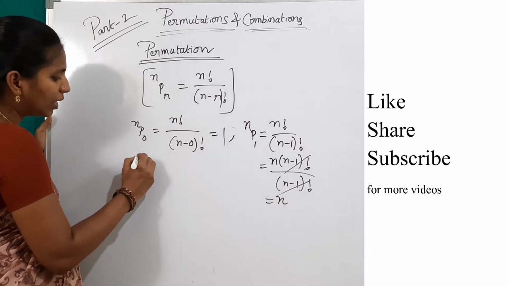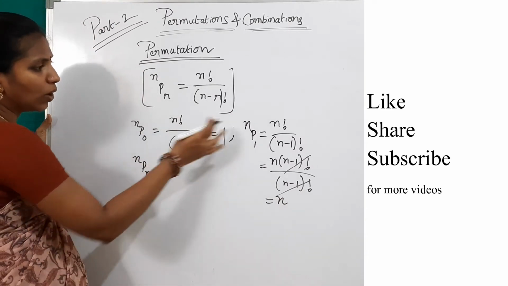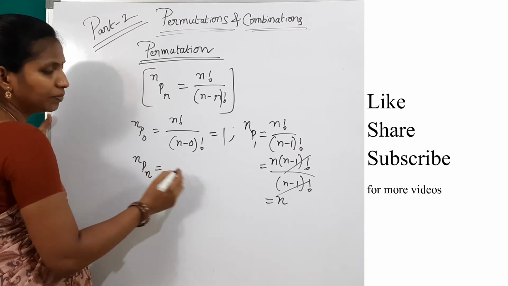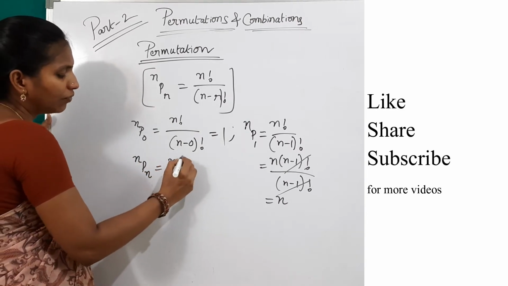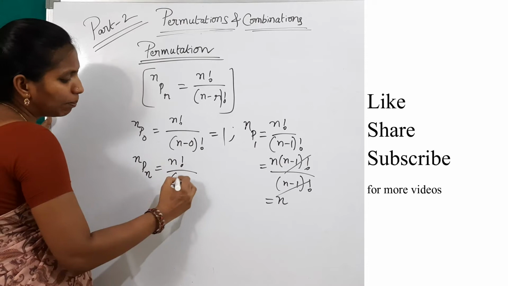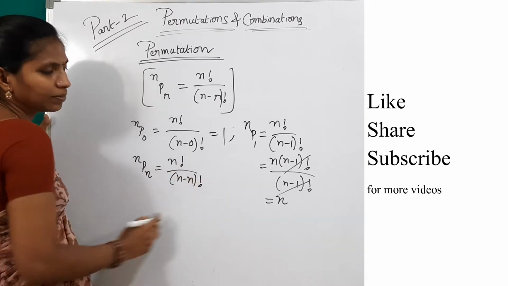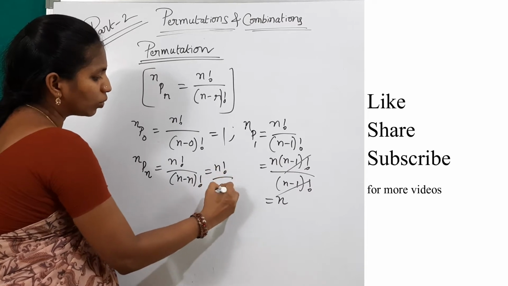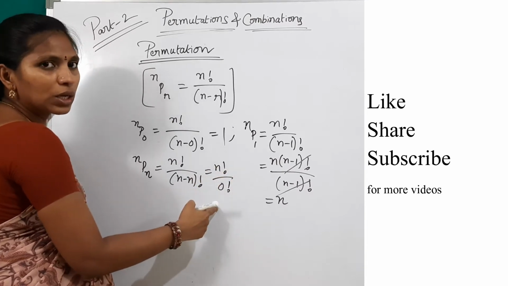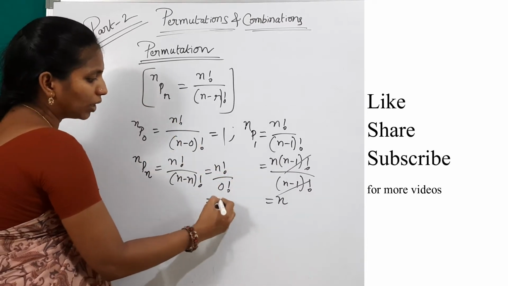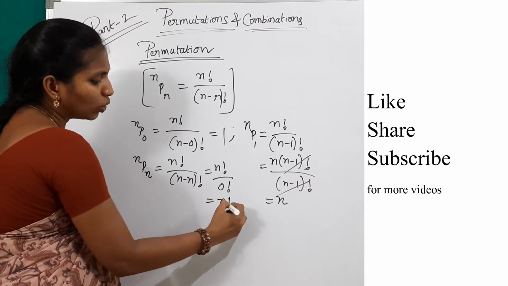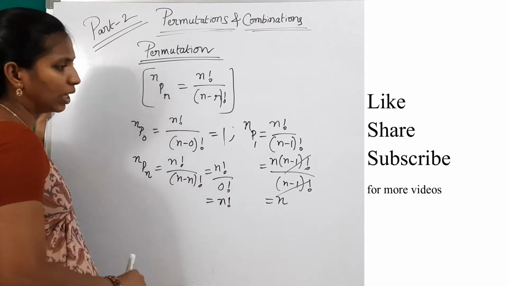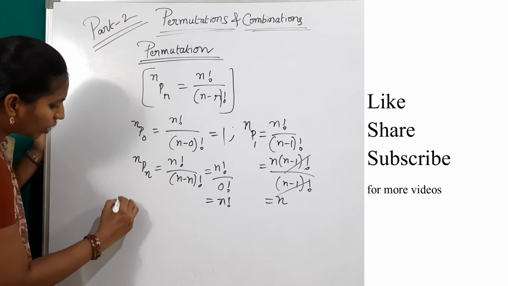Now another one is nPn. nP0, nP1 and nPn. nPn is n factorial by n minus n factorial. So n minus n factorial means 0 factorial. What is the value of 0 factorial? 1. That is very important. So n factorial by 1 means n factorial. So finally, what is the note?